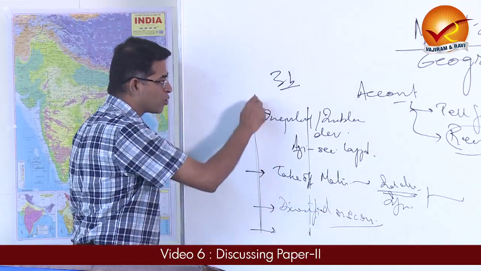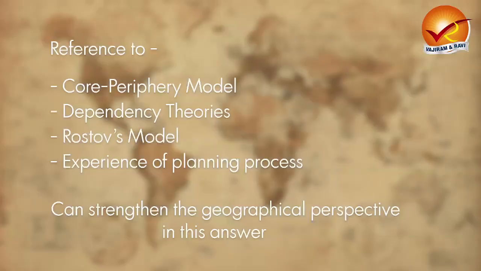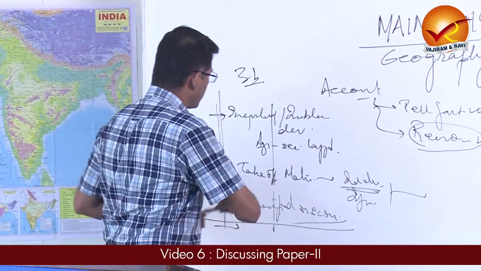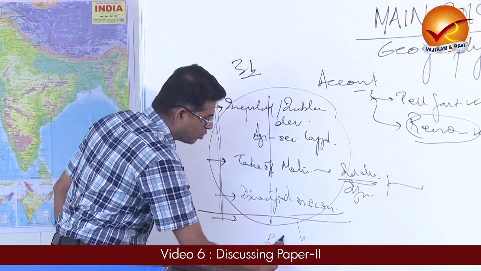So if I take up these issues, and if you know something around models like the core periphery model, if you can discuss something from the experience of our planning process itself and how the range of products that we use is not enough to deal with demands, you can talk about why we have high imports vis-a-vis exports. Having done some discussions on this, you can now talk about solutions.